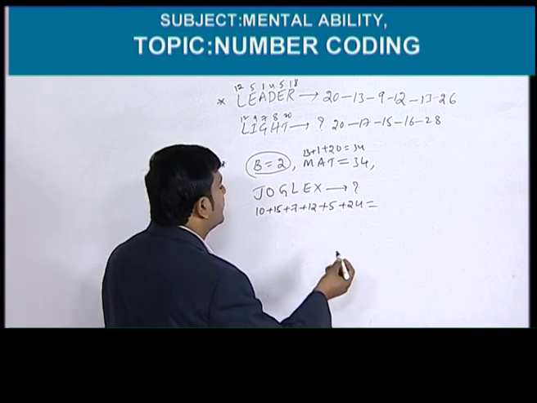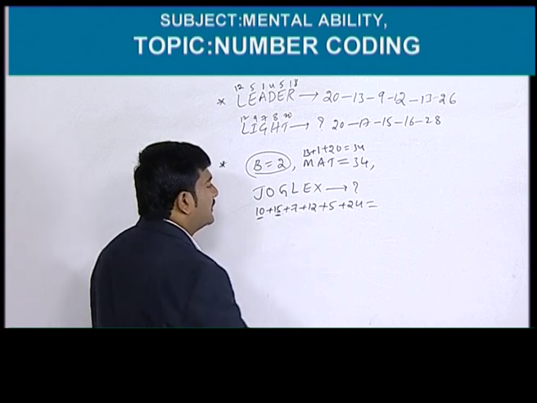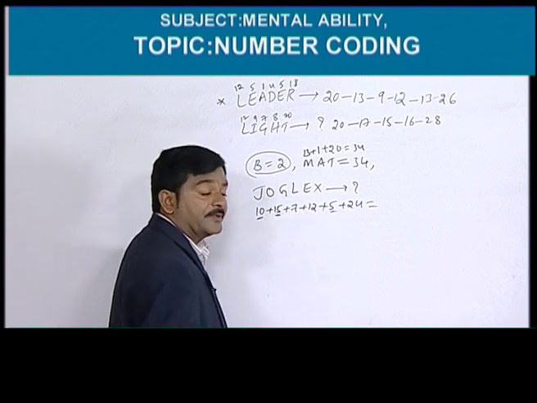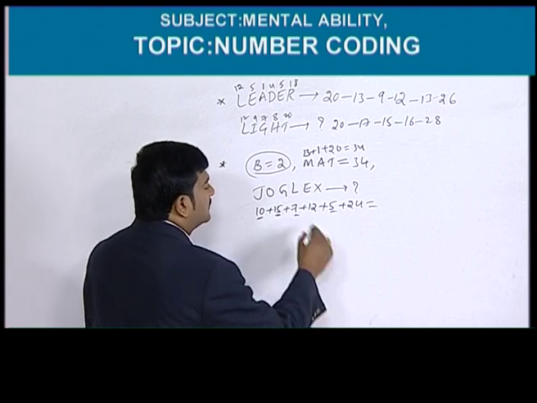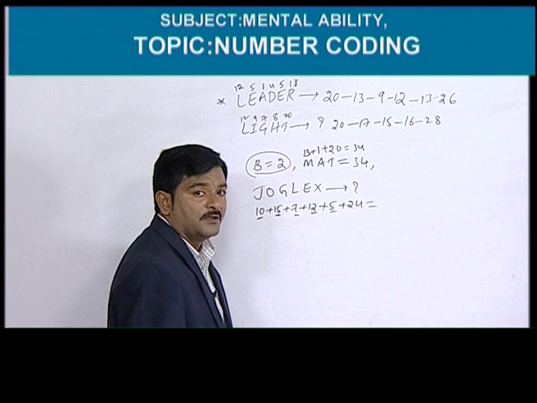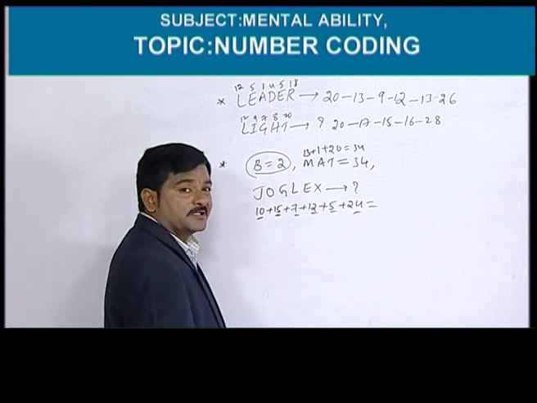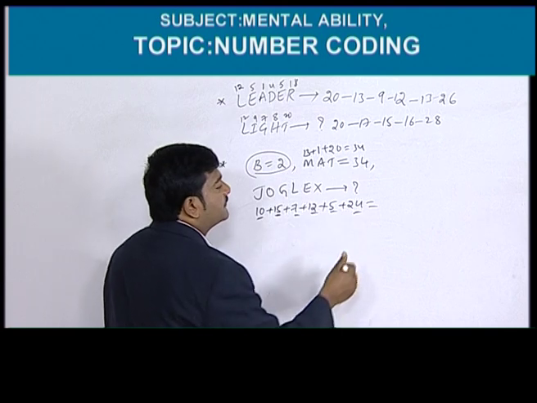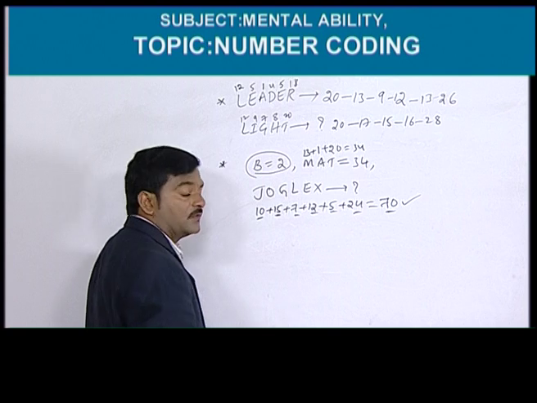See what I am getting. 10 plus 15, 25. 25 plus 5, 30. 30 plus 7, 37. 37 plus 12, 46. 46 plus 20, 66. 66 plus 4, how much am I getting? 70.